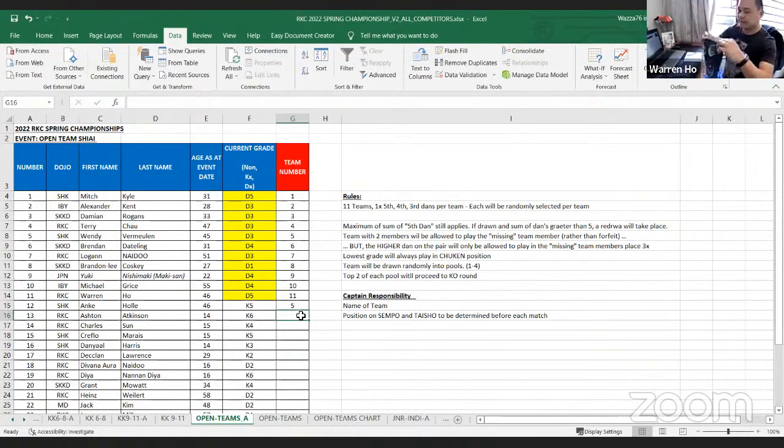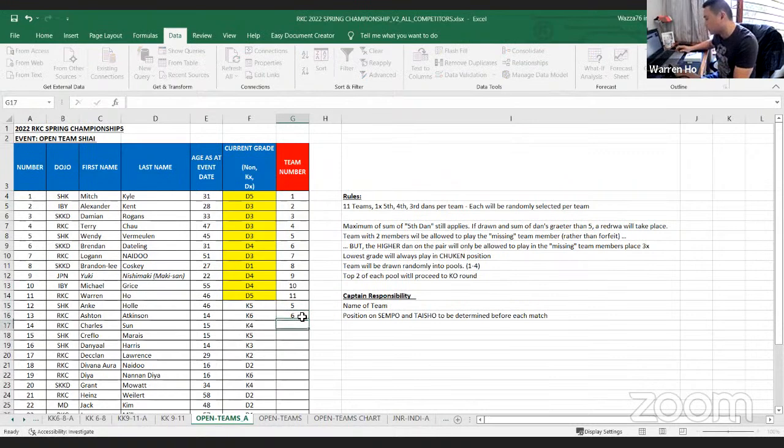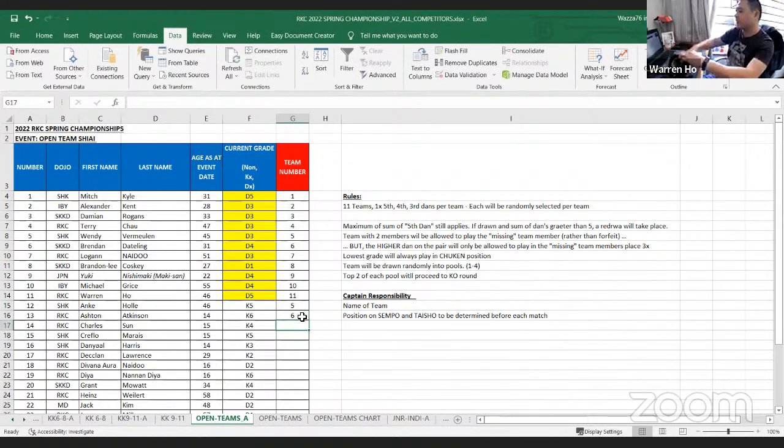Ashton from the RKC dojo. You're going to be part of team number 6. Team number 6 is with Brendan Daitling. Okay, and yep, still meets the criteria. He's a Q grade. Brendan being a 4th dan, he's only allowed to have up to a shodan join his team, and that is a 6.